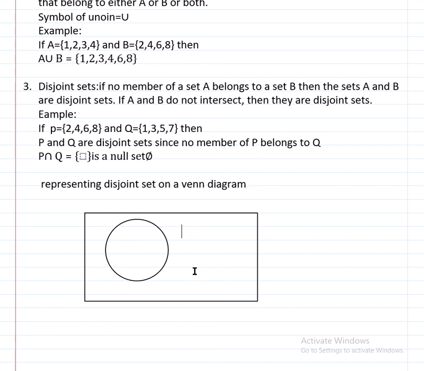Okay, so if there's no intersection between them, then they are disjoint sets. All right, so we write them. Okay, so here we go.